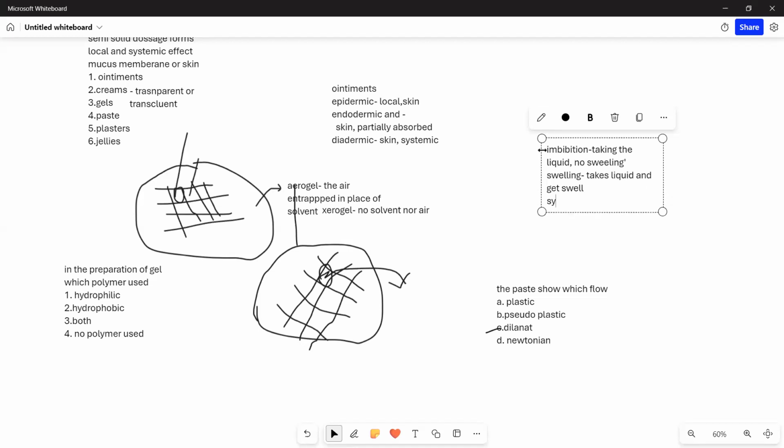So while coming to syneresis, what is meant by syneresis, guys? Syneresis. Do you guys have any idea about syneresis?